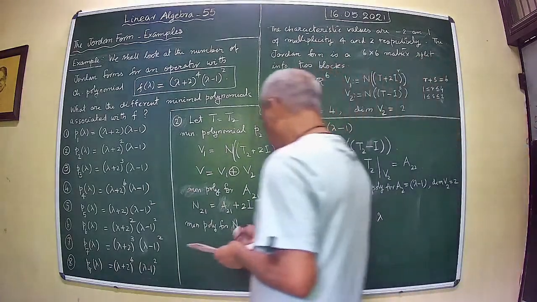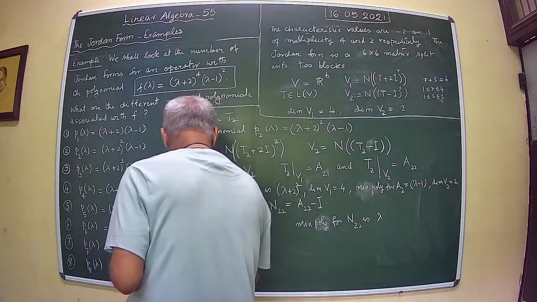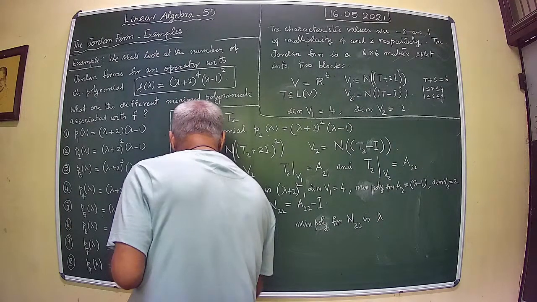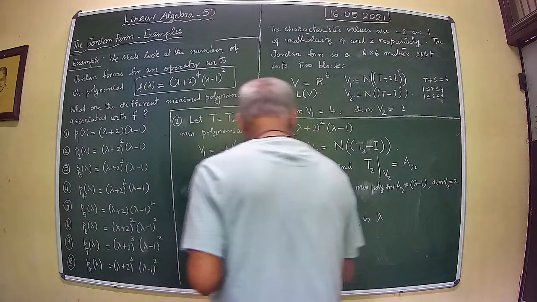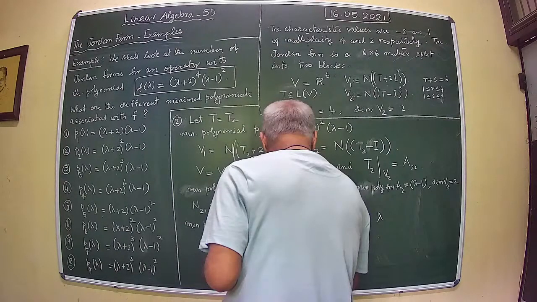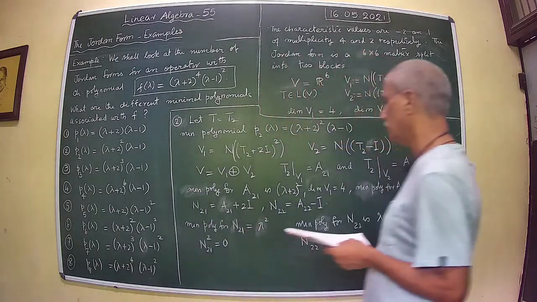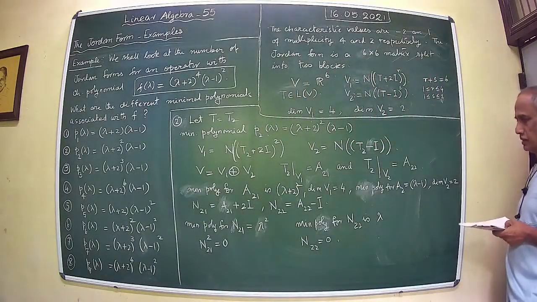That means you have 0, 0. These are the operators that you have.